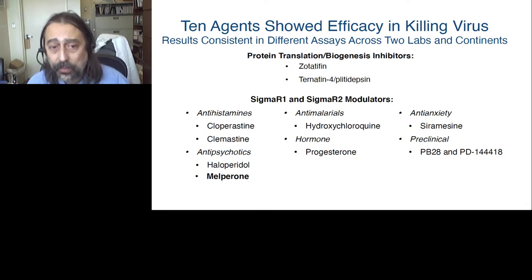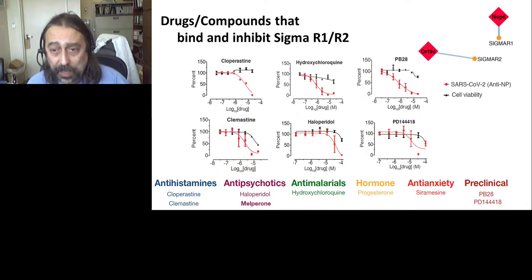And among these drugs, we found 2 different types of compounds: some compounds that are inhibiting translation of proteins, which are zotatifin and ternatin-4, and some compounds that are modulators of the activity of the sigma receptors, sigma-1 or sigma-2, which correspond to a large number of different compounds with different chemical structures and different indications, but all of them have in common that they target the sigma receptors, and they have antiviral activity against SARS-CoV-2. So these are compounds that bind and inhibit sigma-1 and sigma-2.